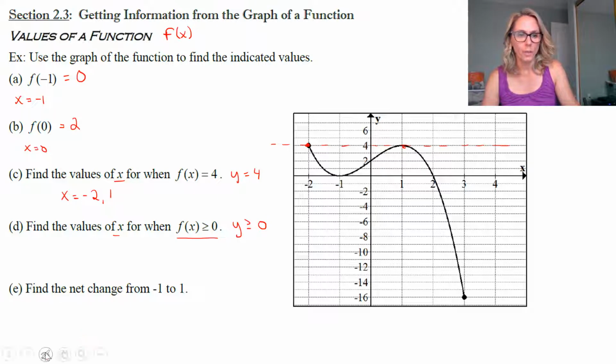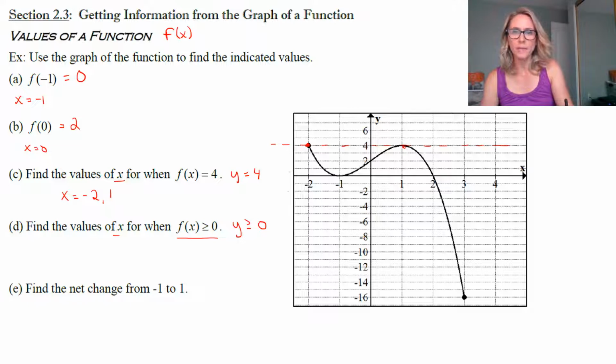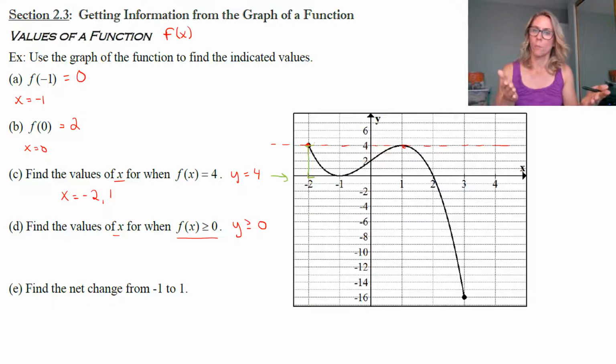We can see that this is when y equals 0. We want to include any time an x value creates a y value that's greater than 0. So we're going to start all the way over here. Notice this gives us a positive y value. So when x is -2, we have a positive y value. Then I want you to go across and see where that stops. Where do we stop having a y value that is 0 or positive?